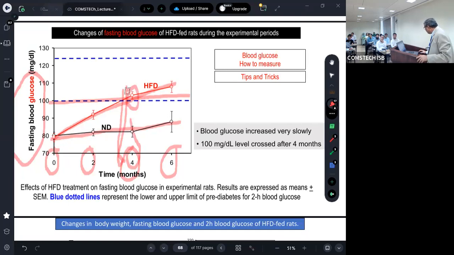At 4 months the fasting glucose is more than 100 but less than 126. This is the 4 month, this is the 6 month.